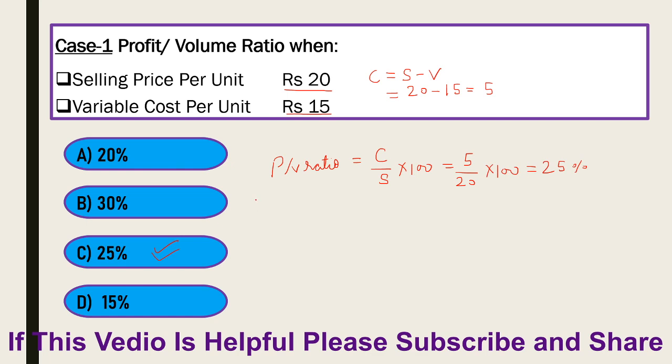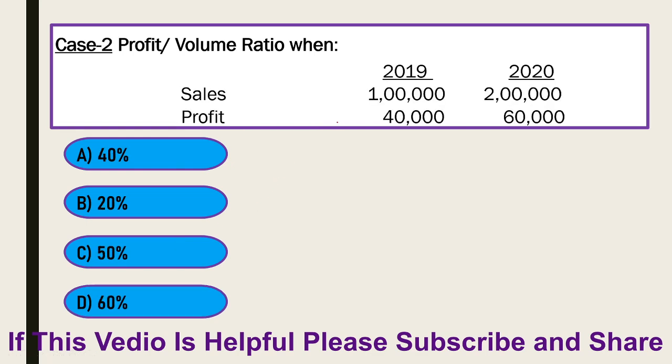In the second case, instead of sales and variable cost, sales and profit of two different periods are given. In 2019, our sales is 1 lakh, which is increased to 2 lakh rupees, that is increased by 1 lakh, and our profit is increased from 2019 to 2020 by 20,000 rupees.